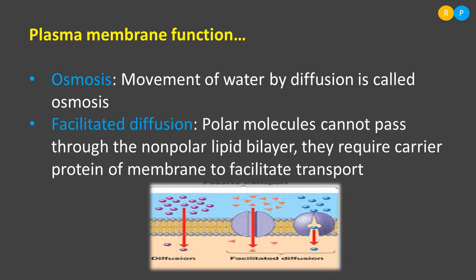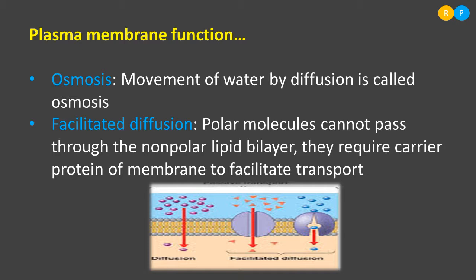One more type of passive transport is facilitated diffusion. As I told you, the molecules present in living organisms are not the same in their nature. Some are soluble in water, some are soluble in lipid. Lipid soluble molecules can easily cross the lipid bilayer in the plasma membrane. But what about water soluble molecules?